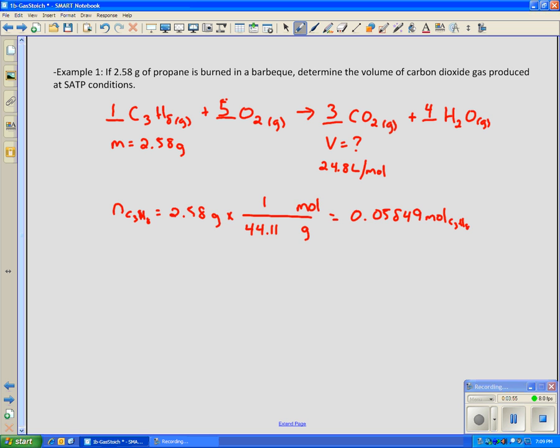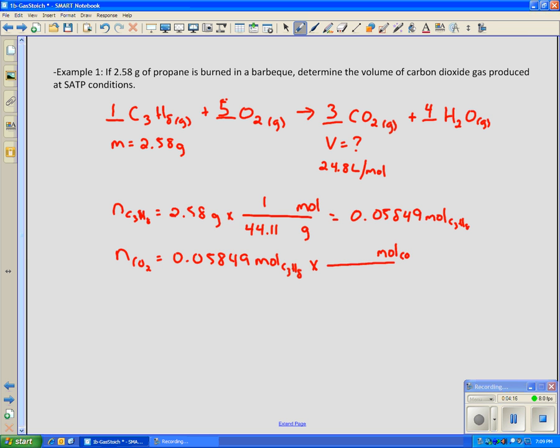Third step is to use the mole ratio to calculate the moles of the unknown. So that's the CO2. So using the 0.05849 moles of C3H8, we want to multiply by a mole ratio so that we end up with moles of CO2.